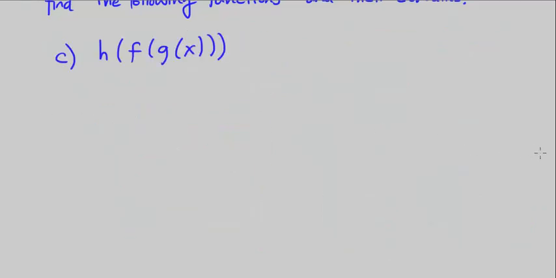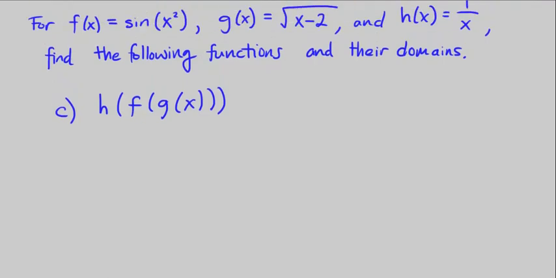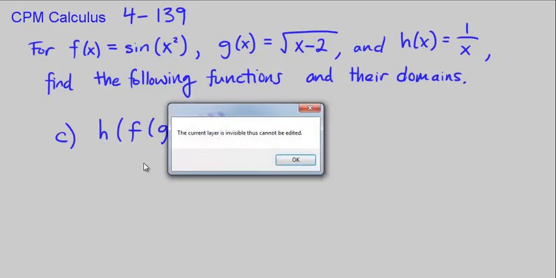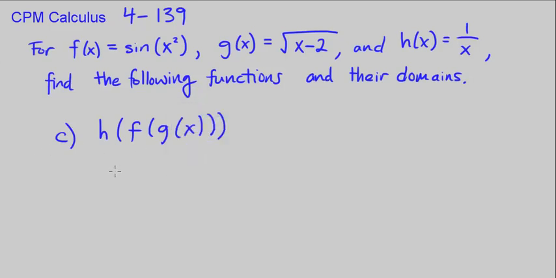Part C, we have h of f of g of x. So this again is the composite of all three. So let's go ahead and do this problem. First, we have h on the outside and f on the outside. And the inside, we have g of x, square root of x minus 2. So this is now going to be replaced with square root of x minus 2.